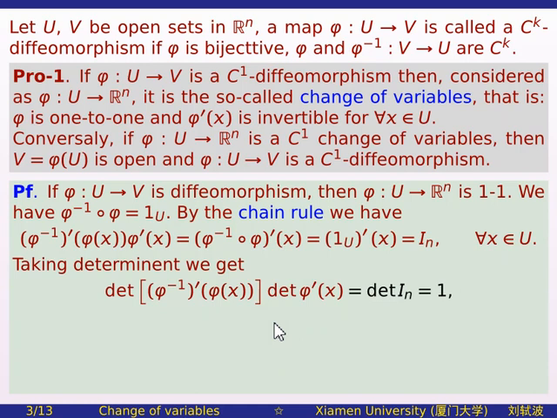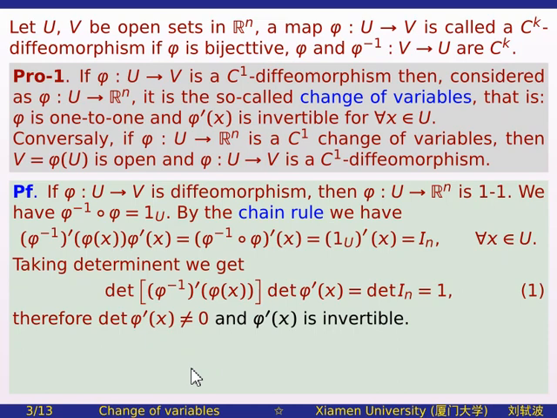So this implies that one factor of this multiplication, the Jacobian determinant of phi, or the determinant of the Jacobian matrix of phi at x, is not 0. So this matrix is invertible. So assuming phi is a diffeomorphism, we have proved that phi, considered as a map into Rn, is 1-to-1, that is injective, and also at every x in U, the derivative matrix is invertible. So by definition, our phi is a change of variables.